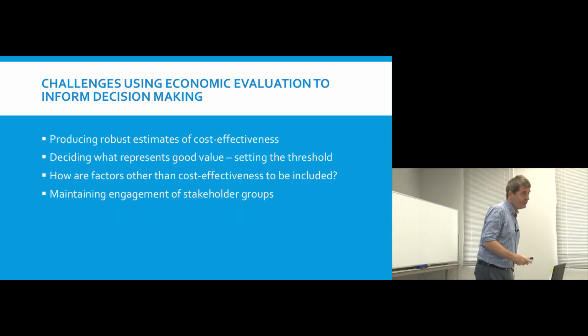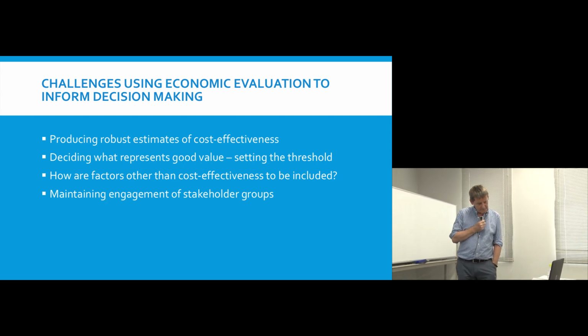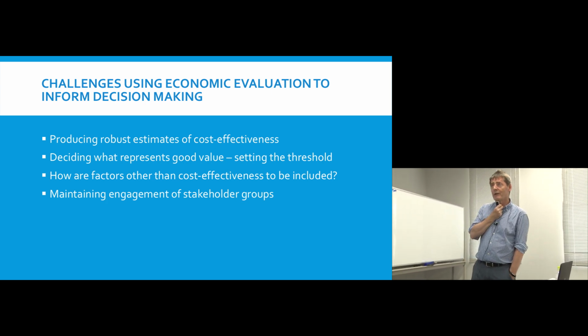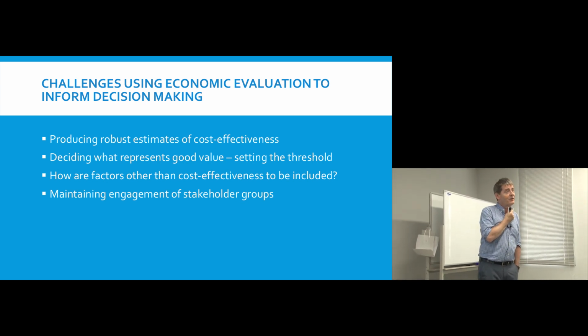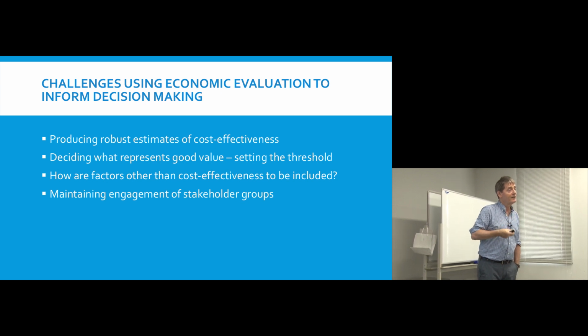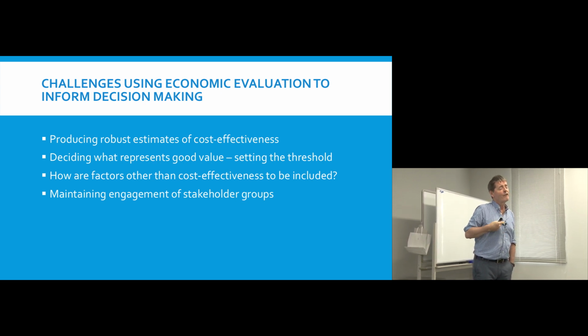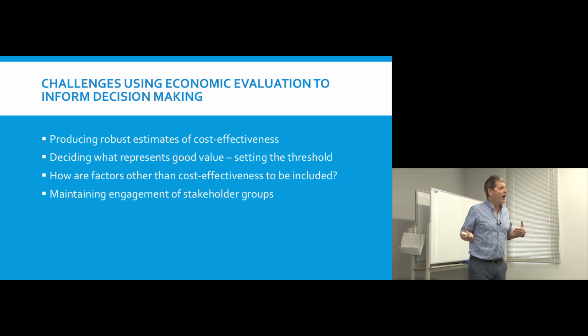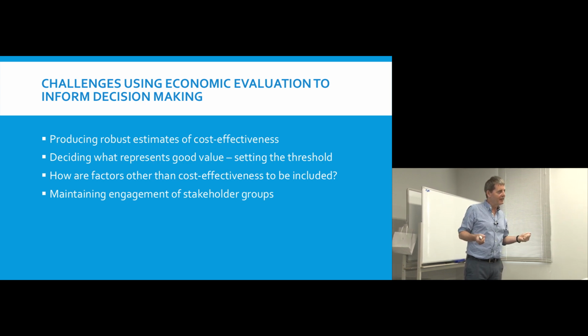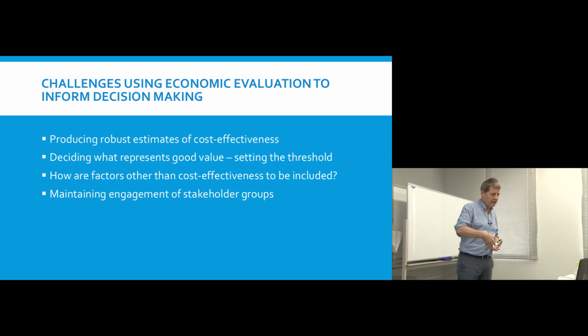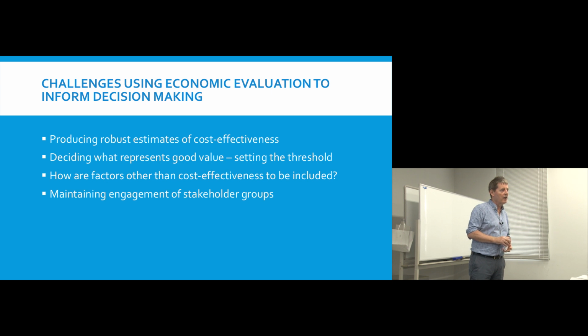There are a number of challenges involved in using economic evaluation to inform decision making. Perhaps the biggest one is producing robust estimates of cost effectiveness. Now, I've rather blithely said we can compare the cost effectiveness estimate with the threshold. But to calculate the cost effectiveness, the cost per additional QALY gained for these different interventions, is not straightforward.